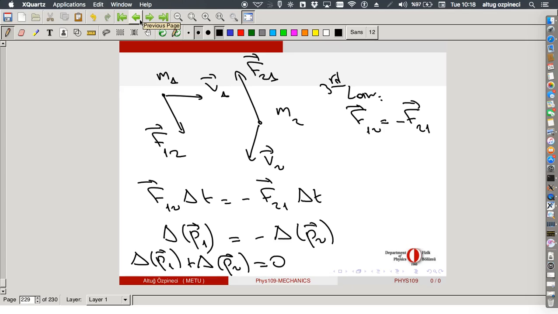If Newton's third law is valid, and it is valid all the time, then the momentum of your system is conserved. So this law, conservation of momentum, has a more general validity than the conservation of mechanical energy. Even if there are dissipative forces, momentum conservation holds.